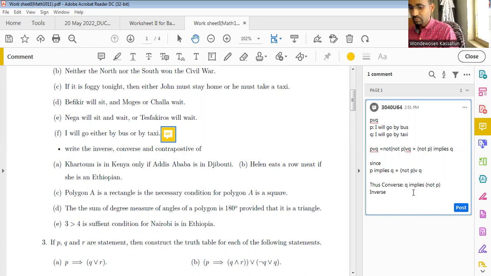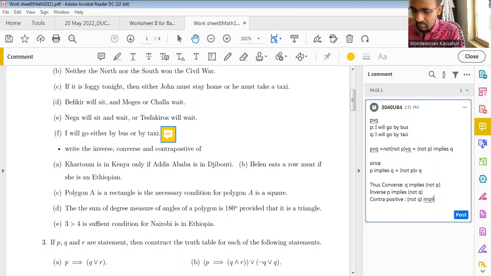P implies not Q. And what is the contrapositive? Contrapositive is not Q implies P. Okay. So this way, you can handle it.